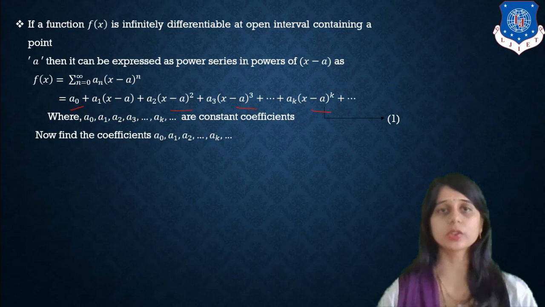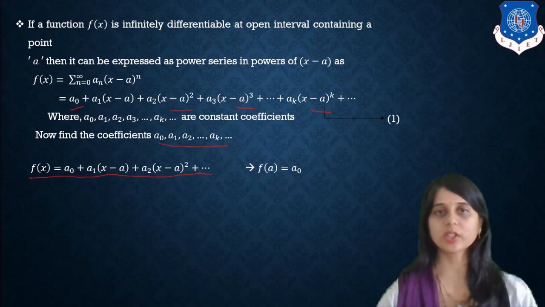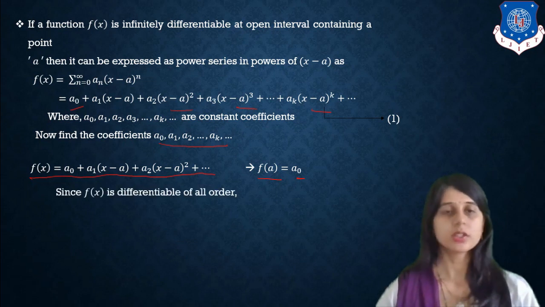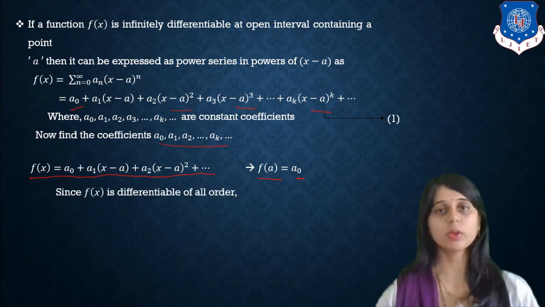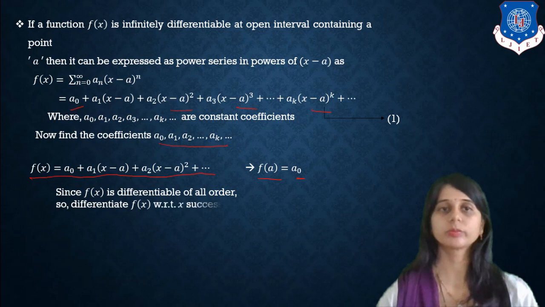Now find the coefficients a0, a1 and ak. So we take f of x as a0 plus a1 (x minus a) plus a2 (x minus a) whole square. Putting x equal to a, we get f of a equal to a0. Since f of x is differentiable to all orders, differentiate f of x with respect to x.